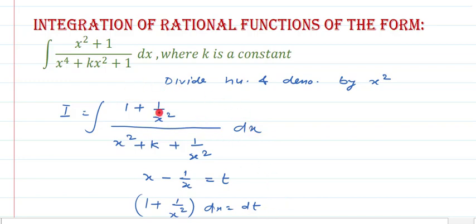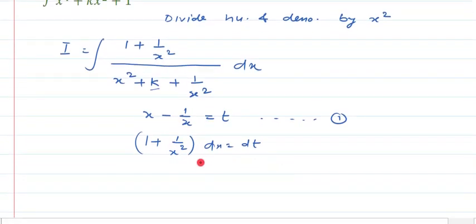So the numerator gets simplified. Now in the denominator we have the term x square plus 1 upon x square plus k, where k is a constant. To simplify x square plus 1 upon x square, let us square both sides of relation 1. What will happen?